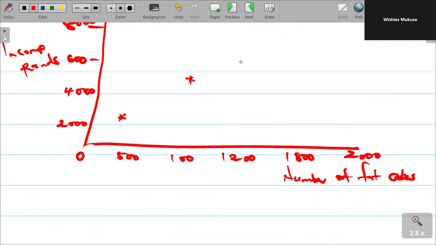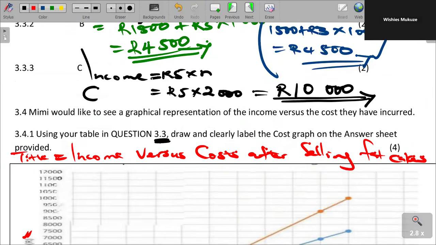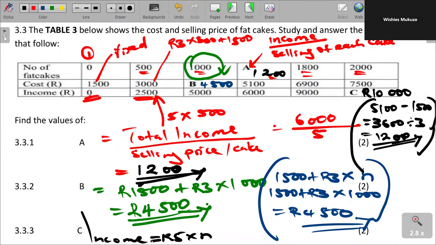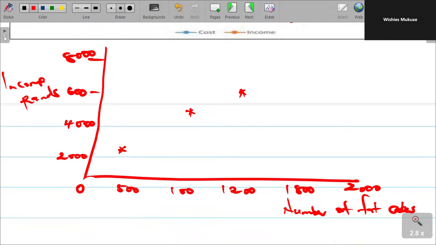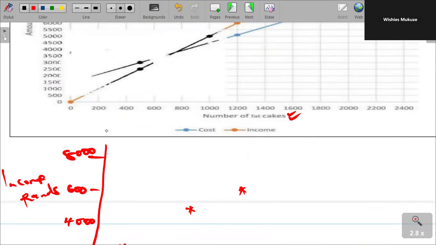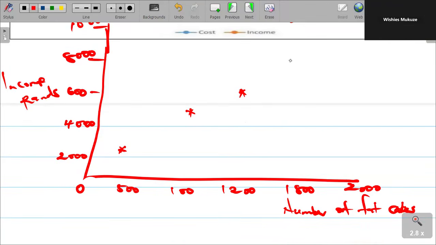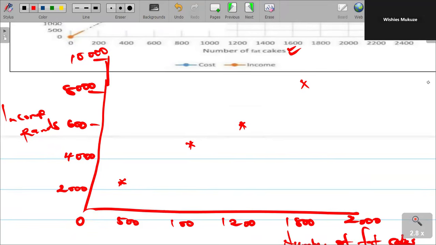And then this one is going to be 6,000. For 1,800 cakes the income is 9,000, and for 2,000 cakes it is 10,000, which is also somewhere there.